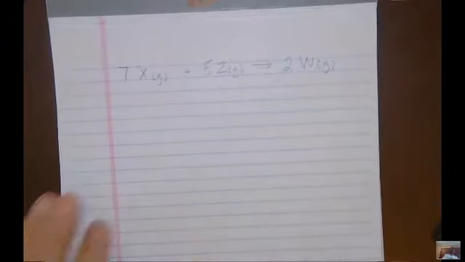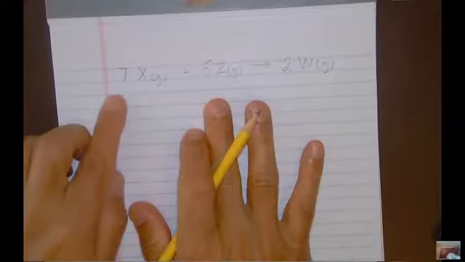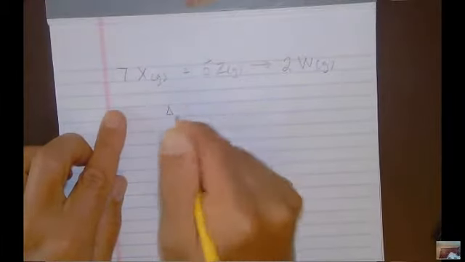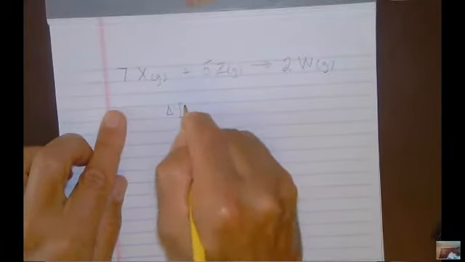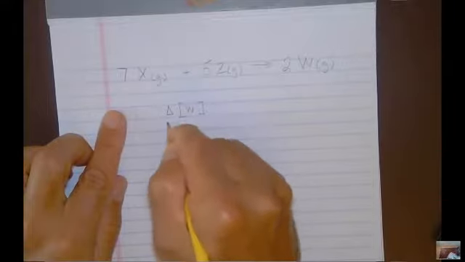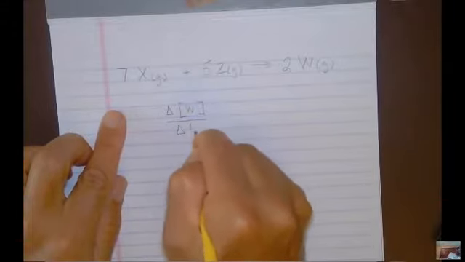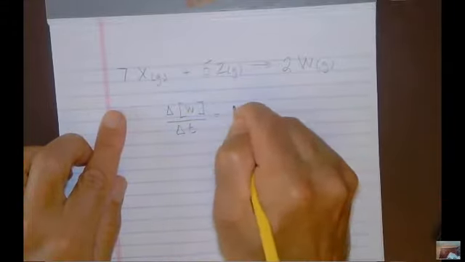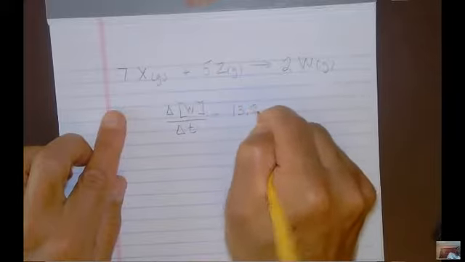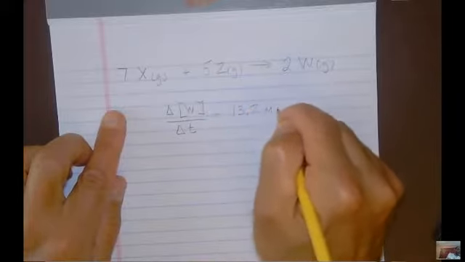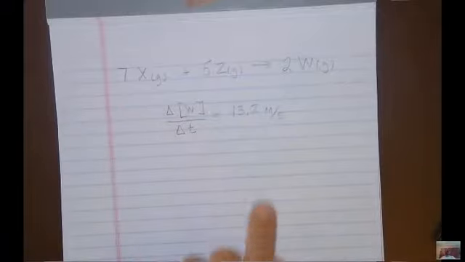If I told you I know that the rate at which the W appears with time is equal to 13.2 molarity per second.